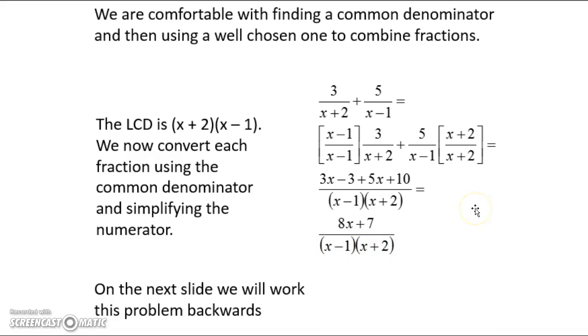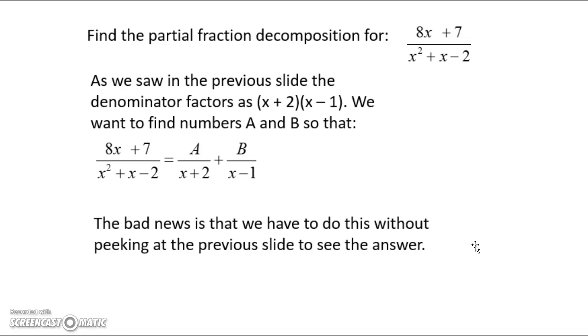But what about starting with this fraction and decomposing it to find the original two terms that were added together? And that requires decomposition. That's why this is called partial fraction decomposition. So we would work this backwards. Let's say we didn't know what the original numerators were.